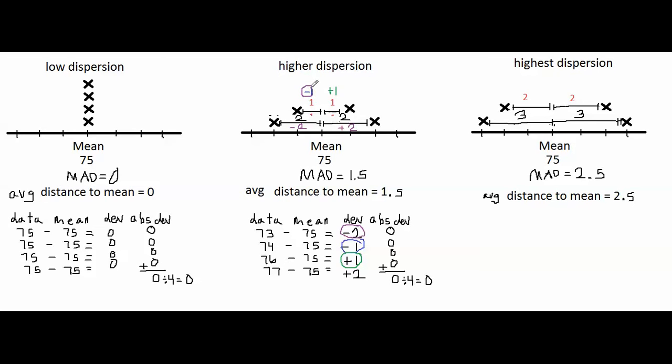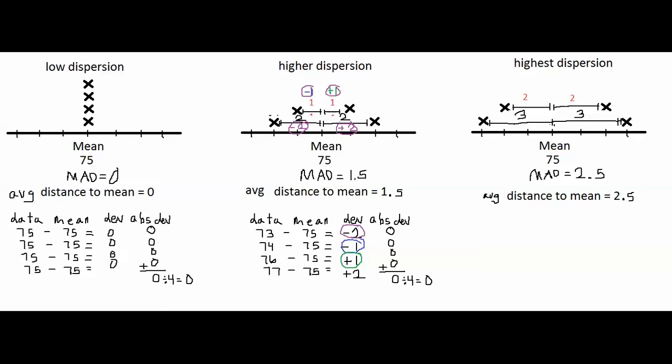These four numbers that I'm circling are the regular deviations. These four regular deviations show how far each person is from the mean, but if the person is below the mean, it's a negative number, and if the person is above the mean, it's a positive number. So 1 below is -1, 1 above is +1, 2 below is -2, and 2 above is +2.